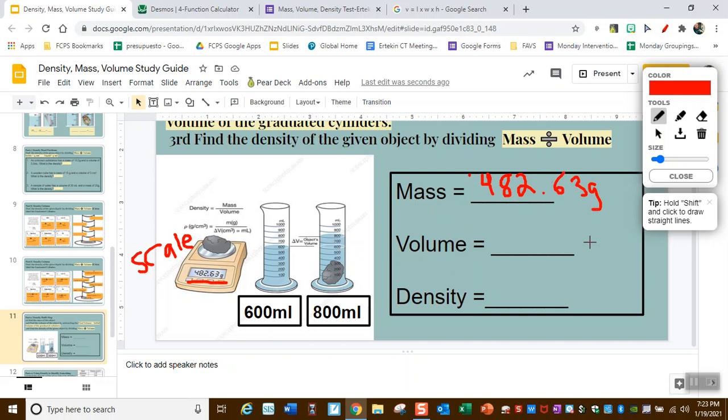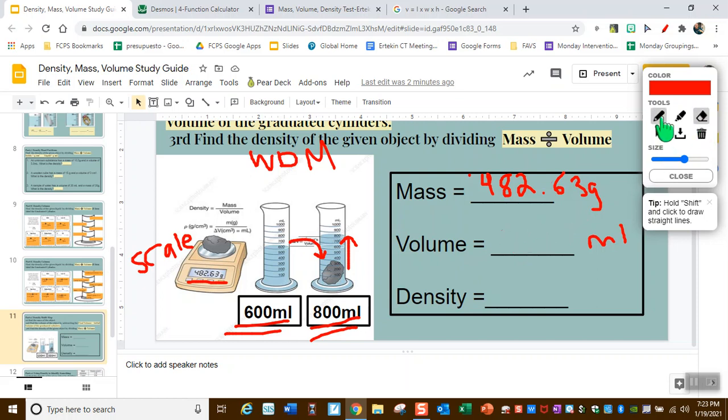Okay, volume is in milliliters in this case. Remember, they use the water displacement method. First, they start with 600 milliliters. They put the rock in. The water went up to 800 milliliters. So to find the volume, you're not going to write 800 milliliters. No, that's wrong.